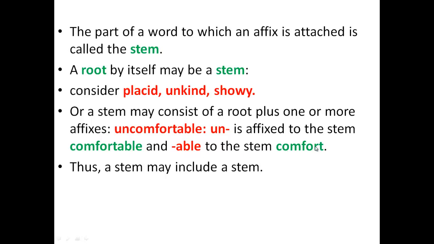Which means here, the root becomes the stem at the same time. But the stem can be expanded, because here we can have the root together with some affix. Both of them can become the stem, to which we can add another affix. Thus, a stem may include a stem.